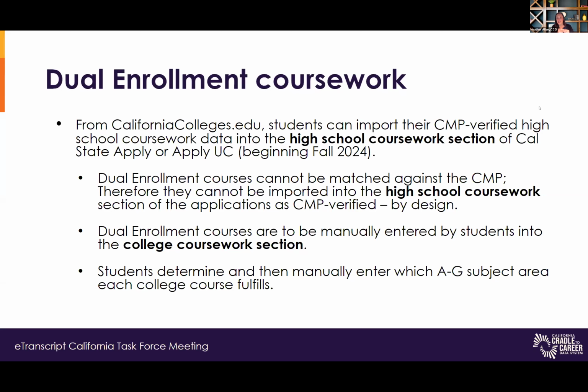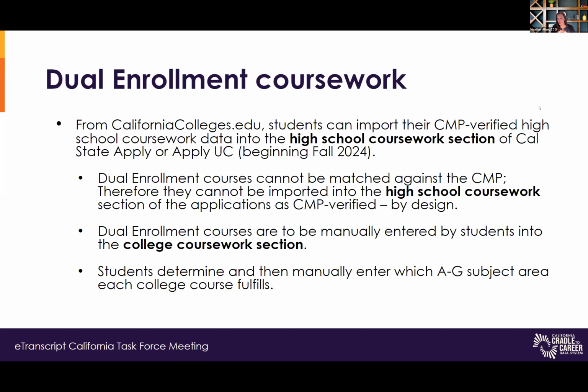They're pre-programmed to say a semester of eligible dual enrollment coursework is equivalent to a year of high school coursework in terms of meeting an A through G requirement. But that needs to be manually entered correctly into the application to make sure that kids get the right credit for the coursework that they have completed.